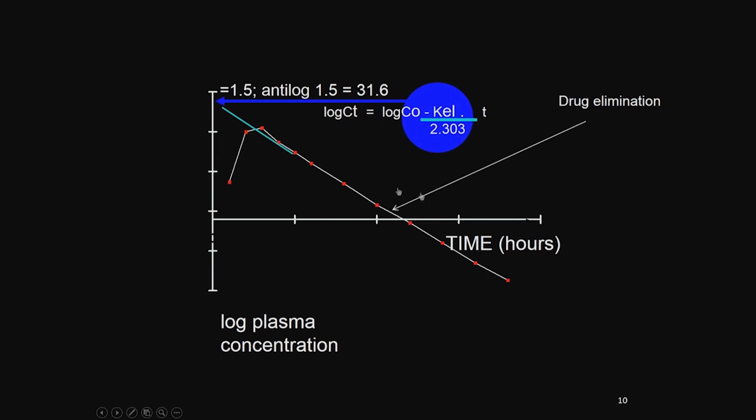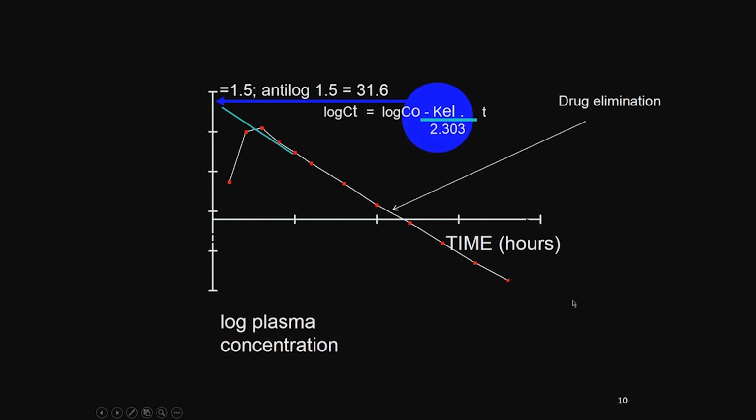And generally this equation we call Ct is equal to C naught exponent minus k elimination into time. So when we take logarithm to the base 10, it becomes log Ct is equal to log C naught minus k elimination t by 2.303. So the slope of this line is given by this k elimination.